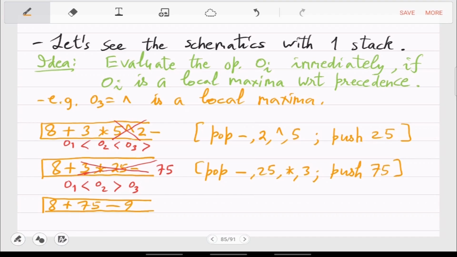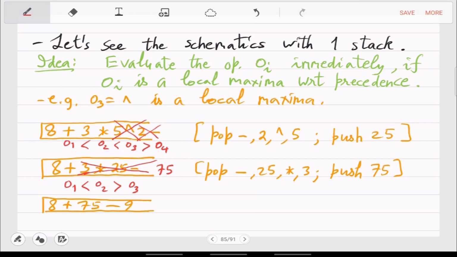So this was O4, which is how you decided that O3 is a local maxima, and then you can remove this. And push 25, then again after 25 you have to see minus, and so now plus star minus tells you that star is a local maxima.